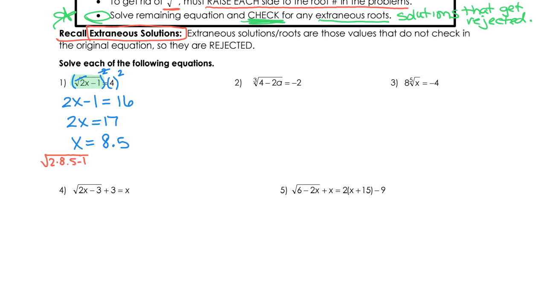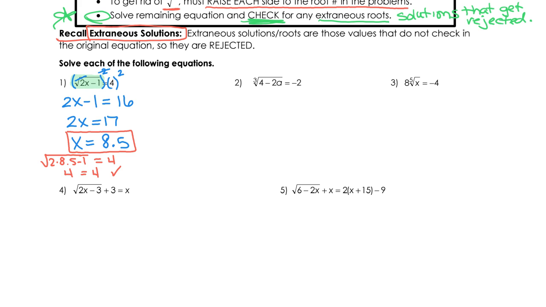We end up with the answer of 4, and we have to see if it's equal to the other side of our original equation, which is 4. And it does. So it checks out, we can keep this as our answer, and we have no extraneous solutions in this one.